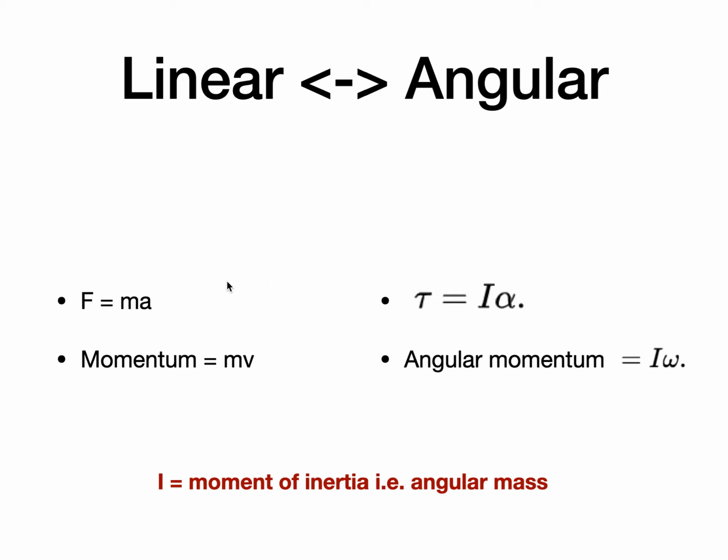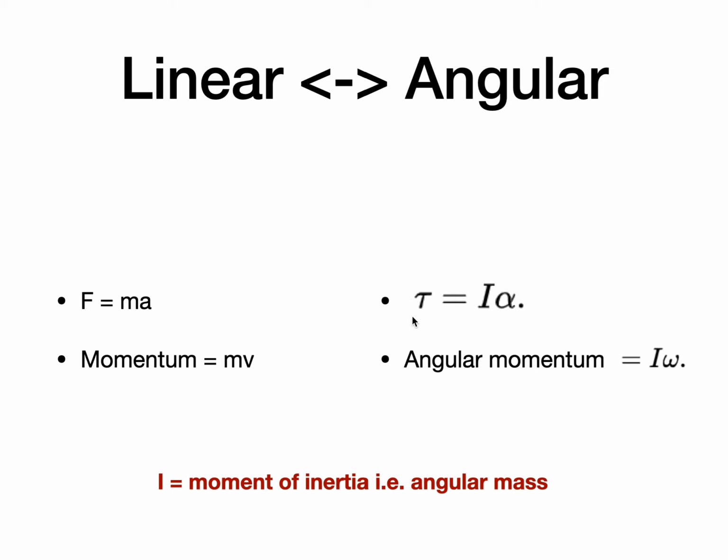There are several equations that are pretty similar between linear movement and angular movement. For example, this one you're super familiar with: F equals ma, force equals mass times acceleration. There is a pretty similar equation describing angular movement. This is torque, which is like angular force.